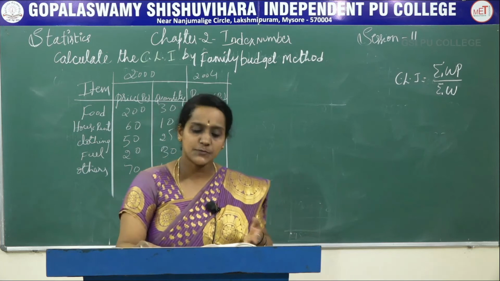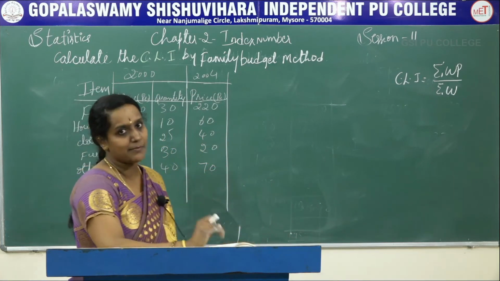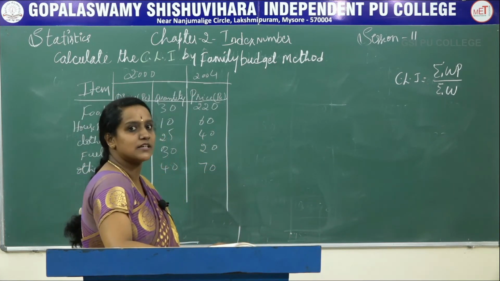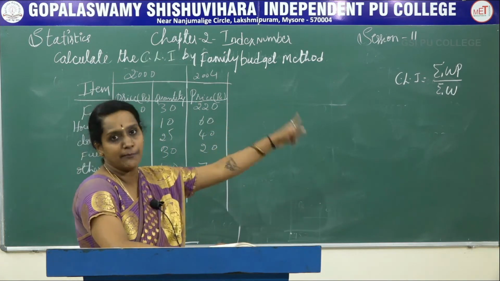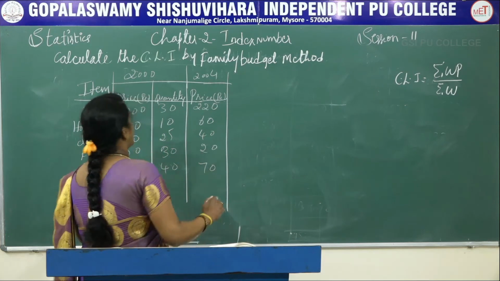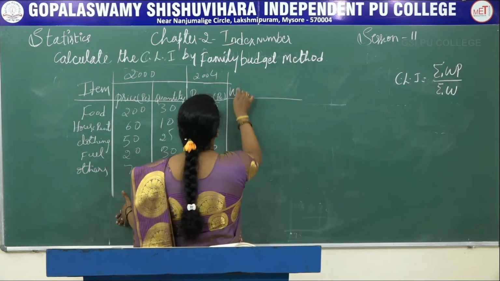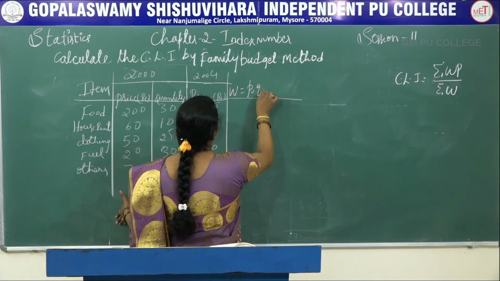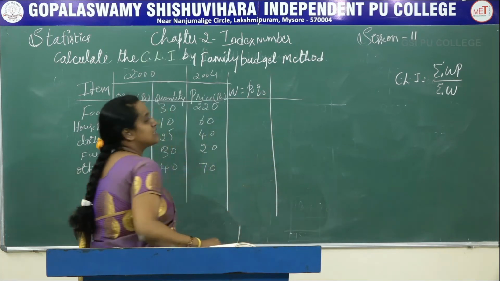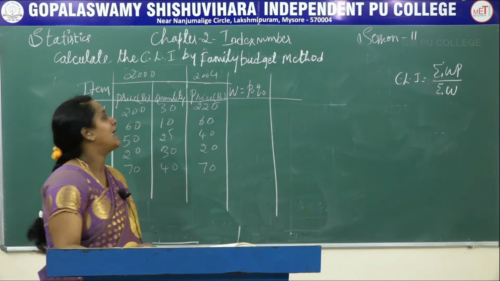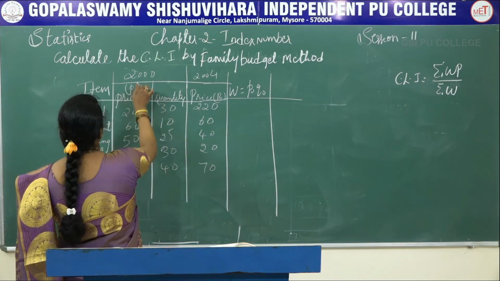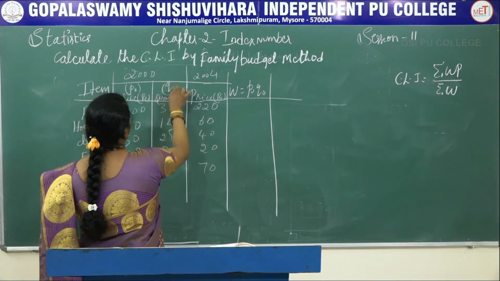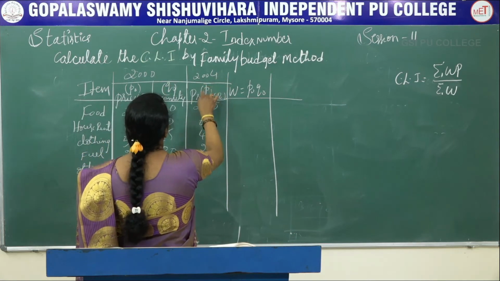See, in this problem, they have not given W, that is weight. They have not mentioned the weight. But to find the family budget method, we want W. We know that this weight is nothing but P naught Q naught. 2000 is the base year, that is P naught, quantity is Q naught, and 2004 price is P1.